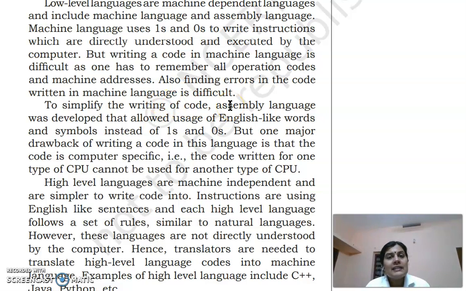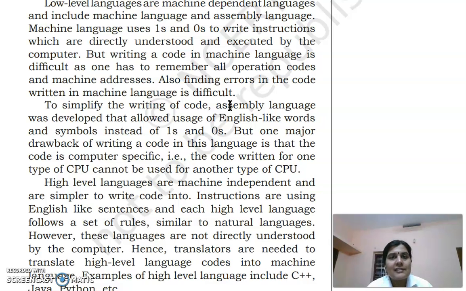Low level language is machine dependent. If I generate a low level language program for my computer, it will not work on your computer because it is machine dependent. It contains machine language and assembly language.